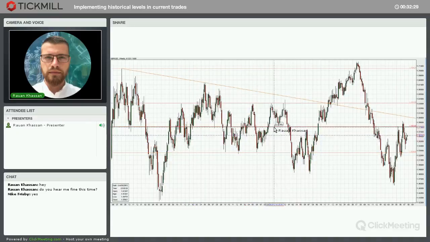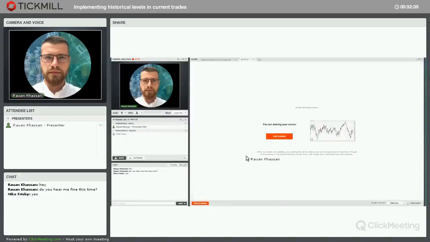Next line to watch, again on British pound to United States dollar, is 1.5810. Zooming out.